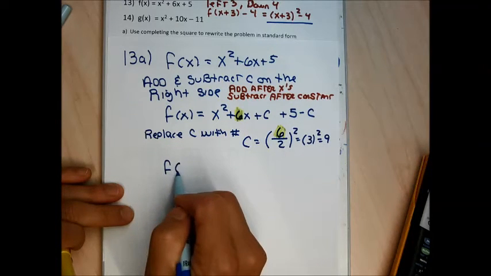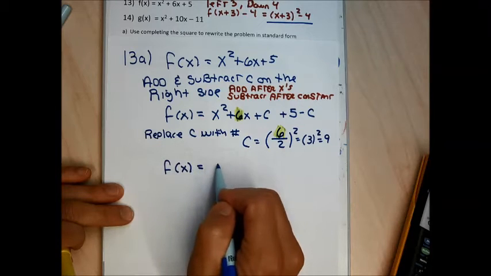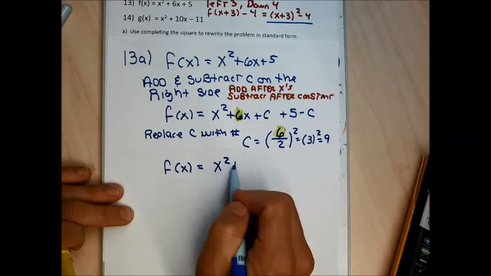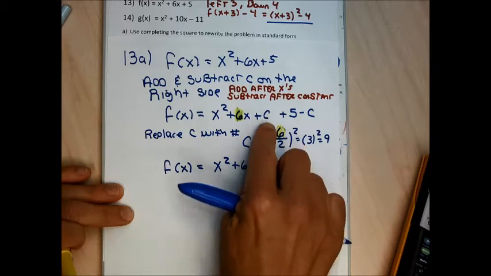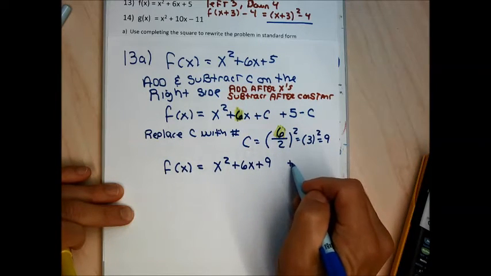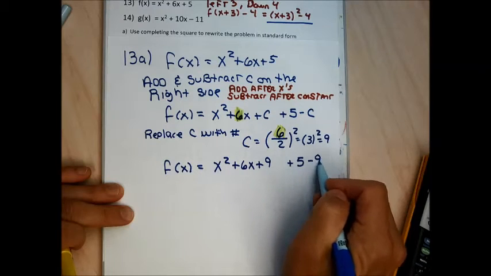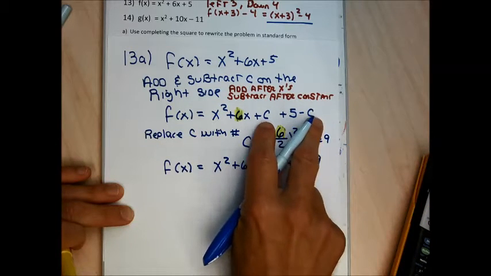So I'm ready to replace my c with a number. I'm going to get x squared plus 6x plus 9. So I change that c to a plus 9. And then plus 5, and then minus 9.